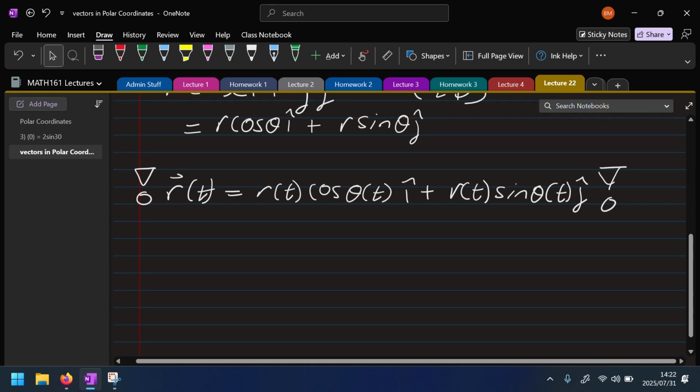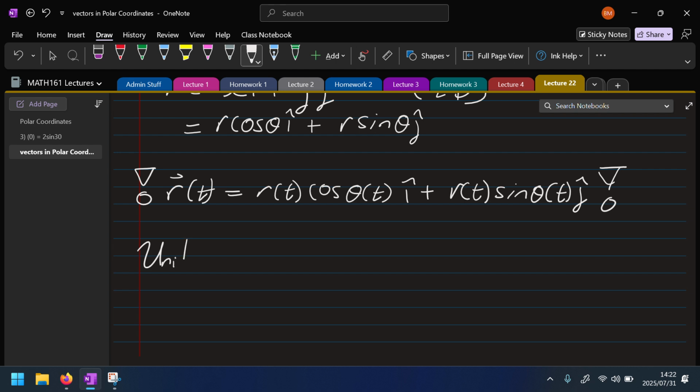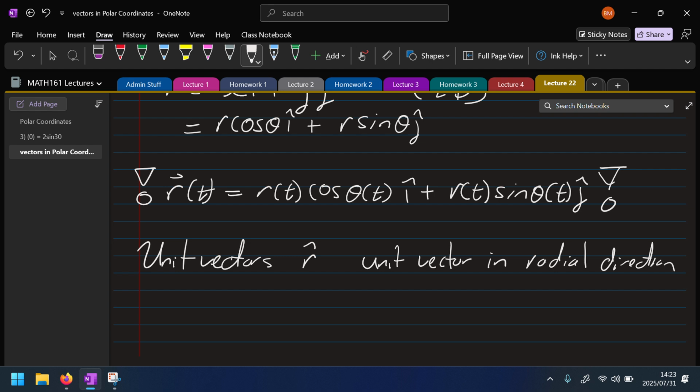So we're going to have unit vectors r hat, that will be a unit vector in the radial direction, and theta hat, we'll see what that is now. This is the unit vector in the angular direction.